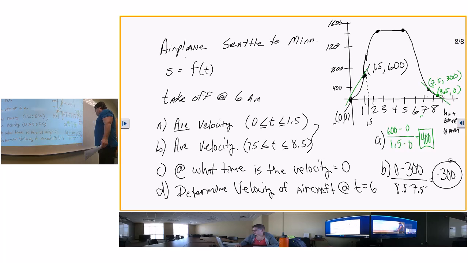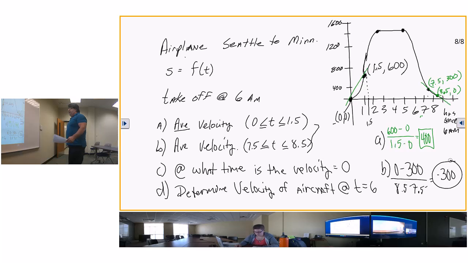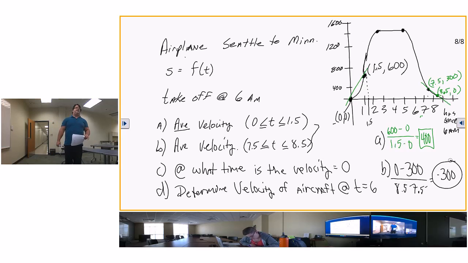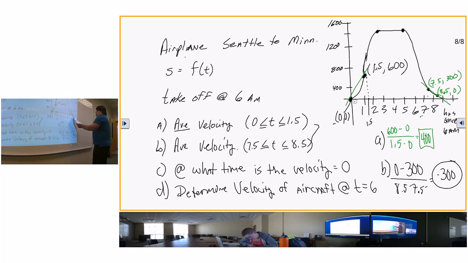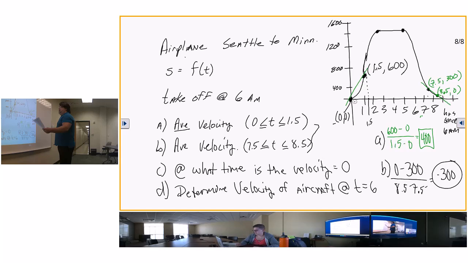Well, Hubert, you can't go negative 300 miles an hour. No, you can't. But what does the negative tell you? The negative tells you that you are on your way back, or you're on your way down, or whatever the case may be. So, the plane takes off here, and what's it doing here? Landing. So, technically, you're going the opposite.